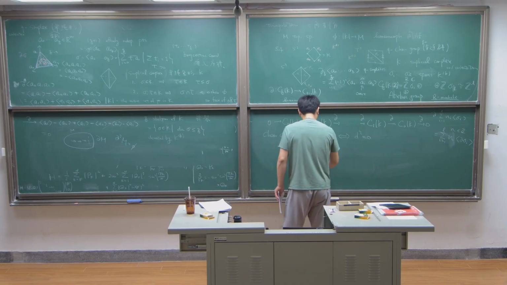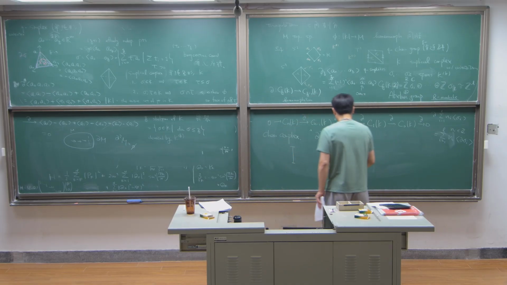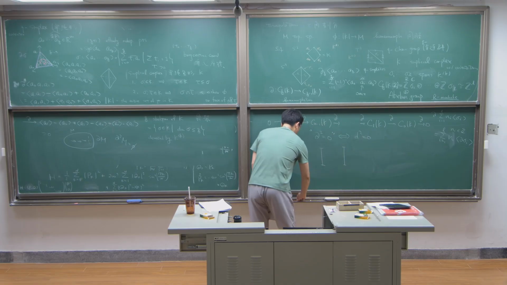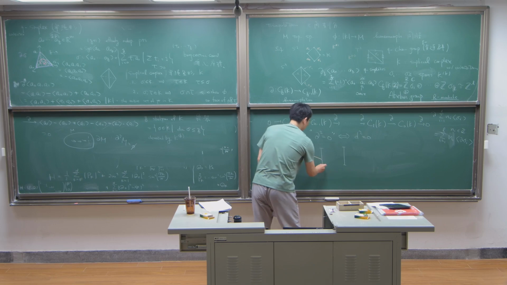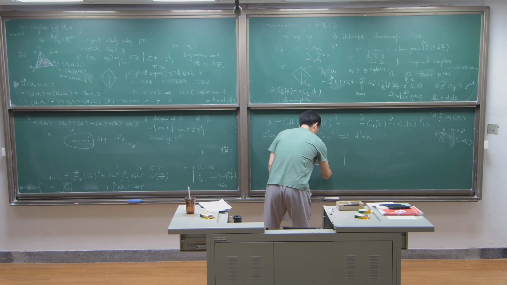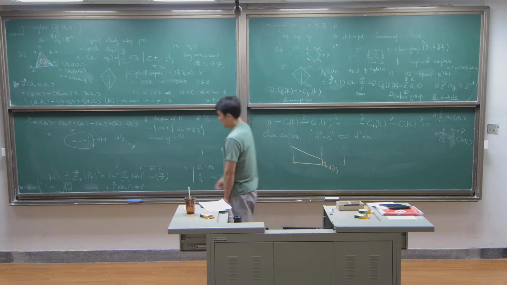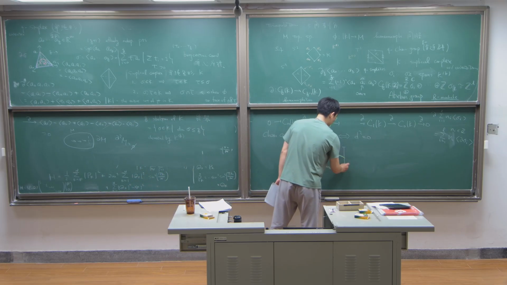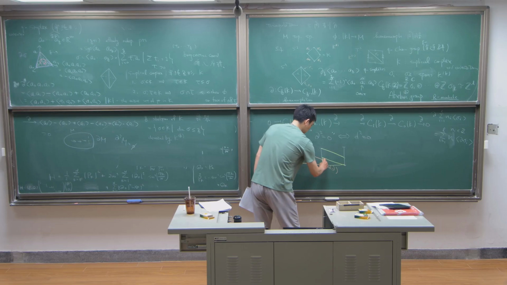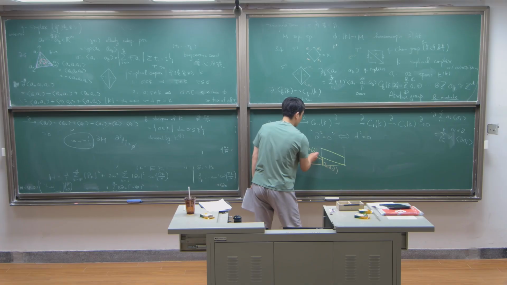So you have an abelian group, and the boundary operator acts like this way. So this is the image of the boundary operator. And next you look at it like this way, and this is the kernel of the boundary operator.